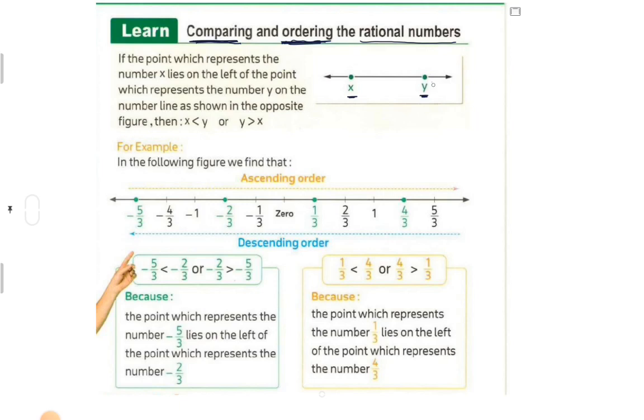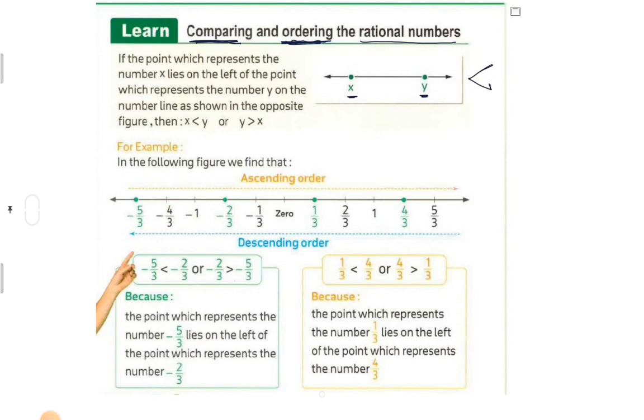Why? Because y is to the right of x. And x is smaller than y. Why? Because x is to the left of y.